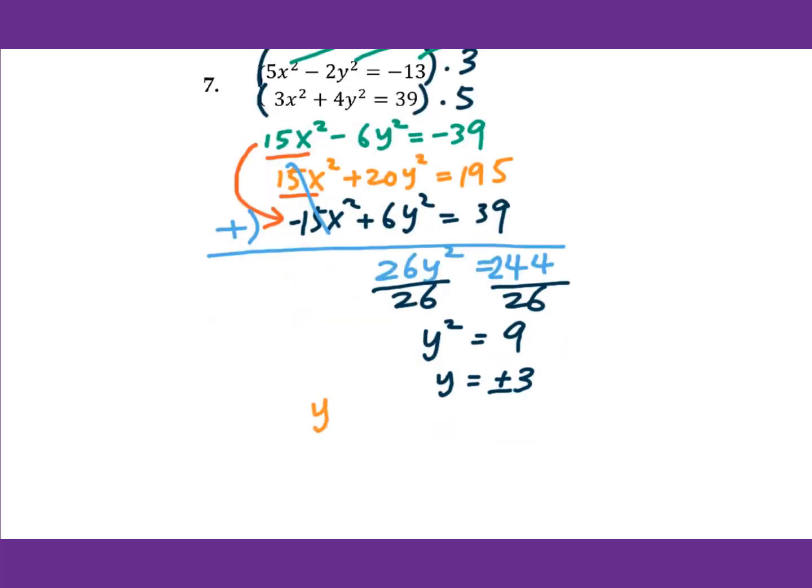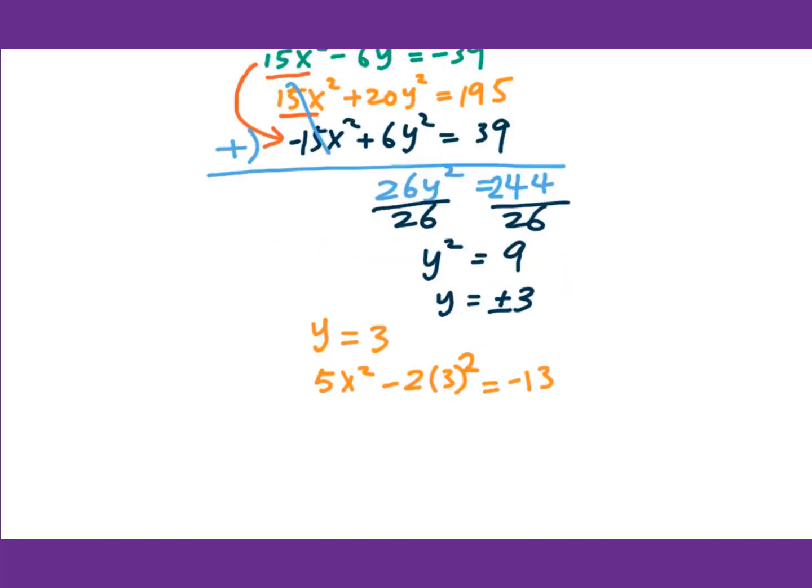Then you plug y equals positive 3 into the first equation. You will get 5x squared minus 2 times 3 squared equals negative 13. Then you solve, get x equals plus or minus 1. Therefore, (1, 3) and (-1, 3) will be the two solutions.